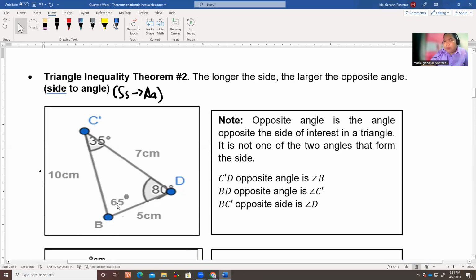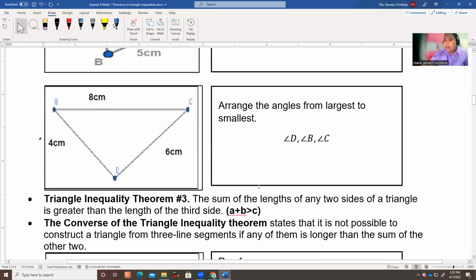And this one, C prime to B, 10 cm, the opposite angle is the largest angle, which is 80 degrees. So 80 degrees is the largest among the three angles. And in return, 10 cm is the longest side among the three sides of our triangle. So that's side to angle.